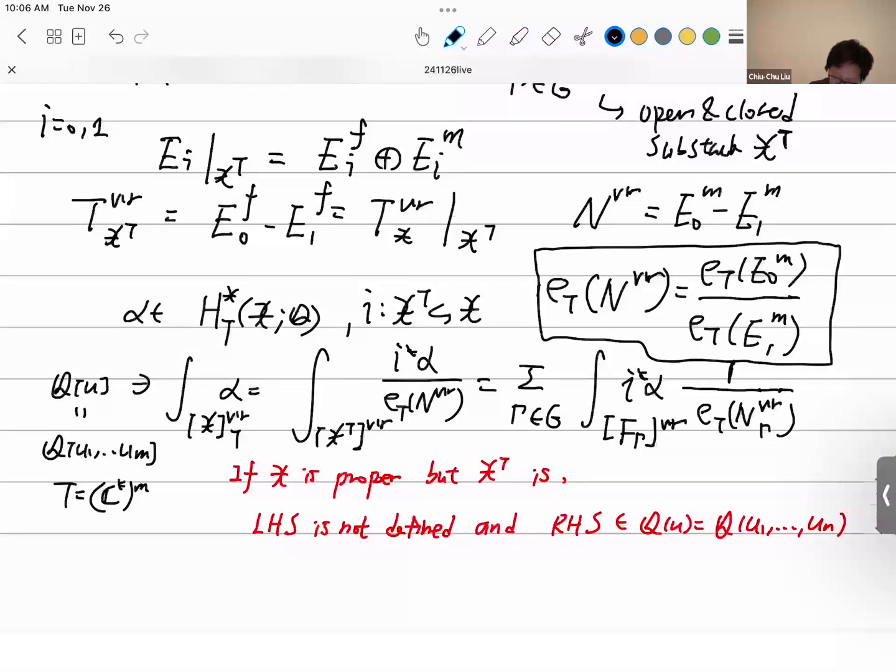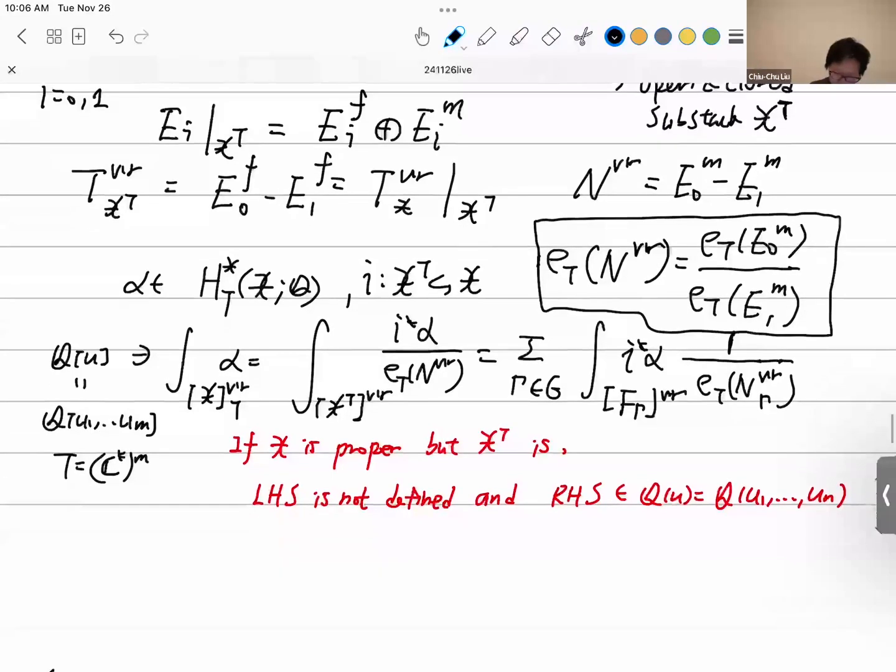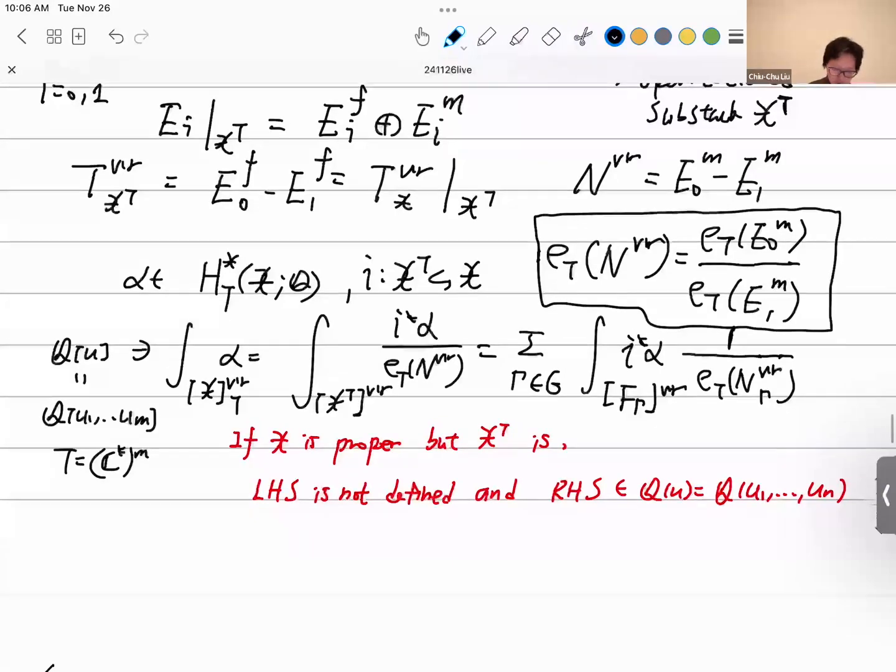Sorry. Okay, so we can compute it, and we know that we can recover the usual non-equivariant Gromov-Witten invariants from the equivariant Gromov-Witten invariants. So finally, this is a useful tool to compute it.